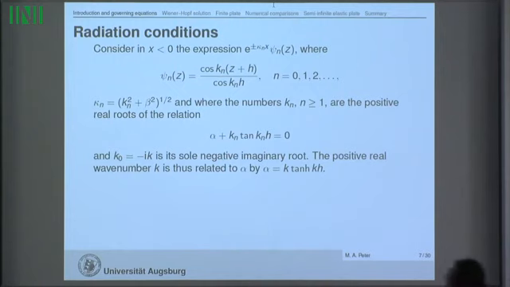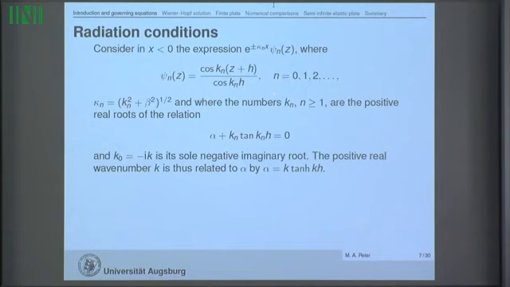So radiation conditions, and I'll be brief about these now. What I do is I look at what the waves look like on the left-hand side, when there's no plate. And this is actually quite simple. By a separation ansatz, you quickly find out that they look like cosines, and there are two different types of waves.